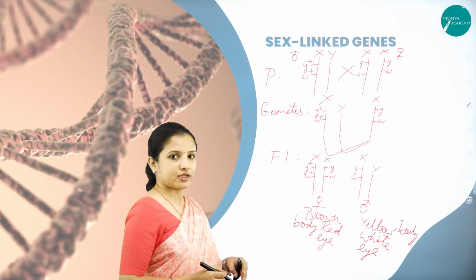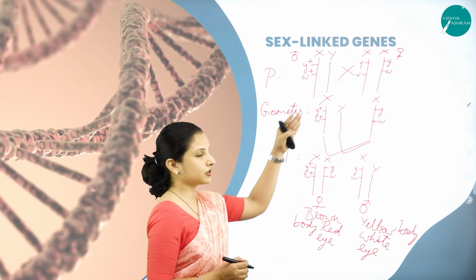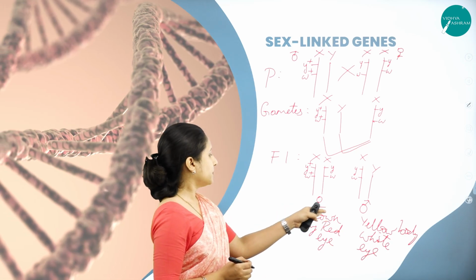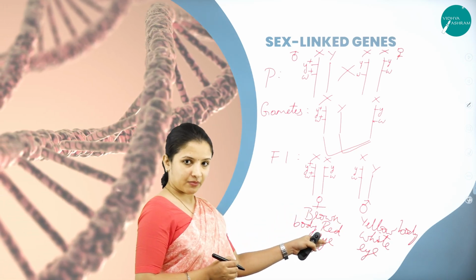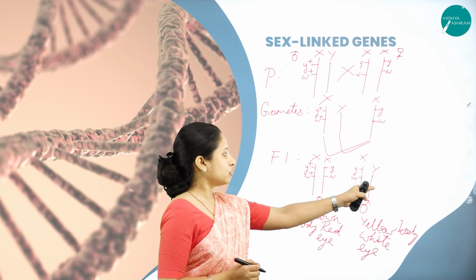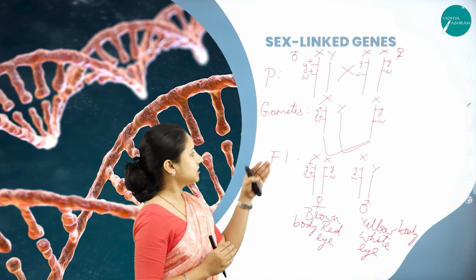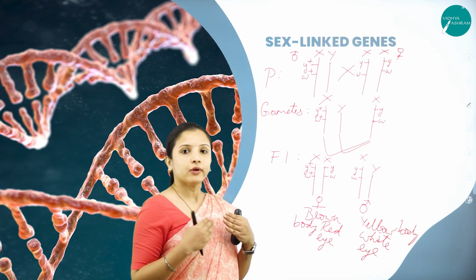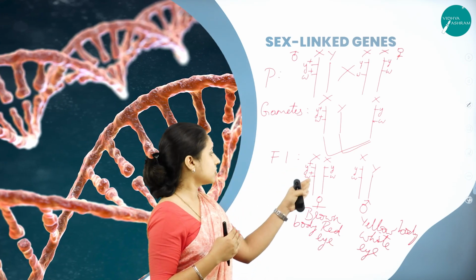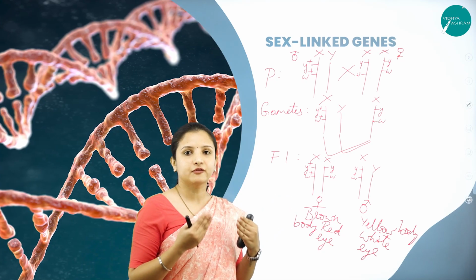So what are the progenies now in the F1 generation after the crossing over? It is brown body, red-eyed female, the progeny, and one more progeny, yellow body, white-eyed male. So this is in the F1 generation. So now again he will cross over in order to see what will happen in the F2 generation.